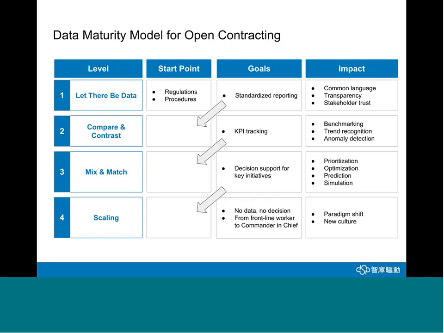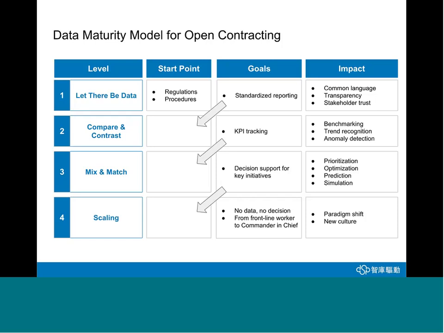The last level I call scaling. In this level, you need to accomplish all three levels above, and then it is just a problem of scaling up. This is a paradigm shift level.